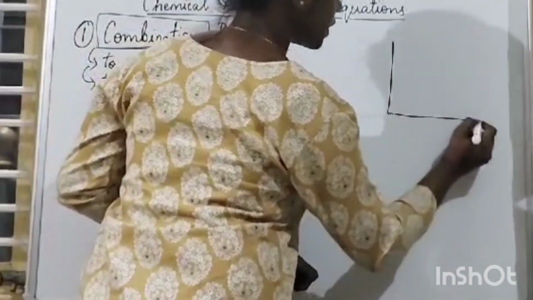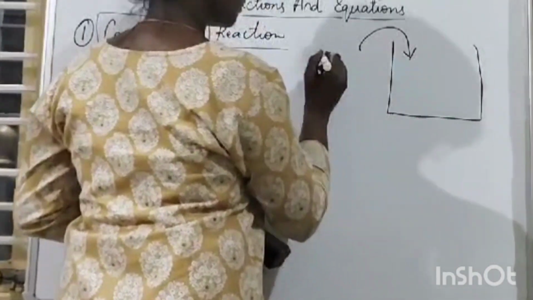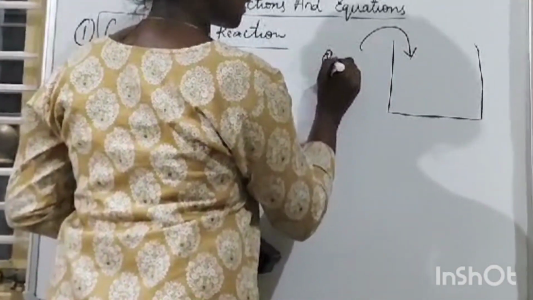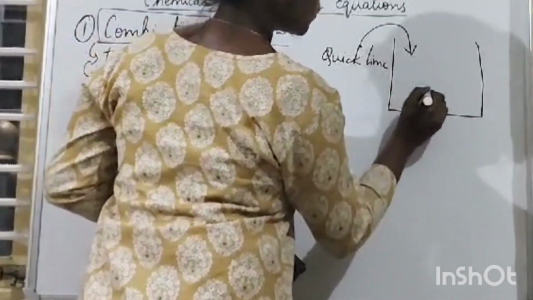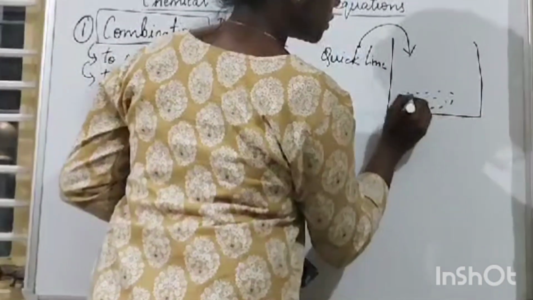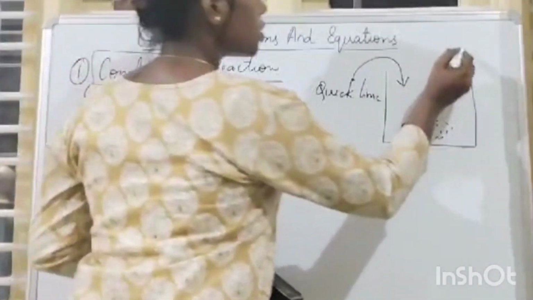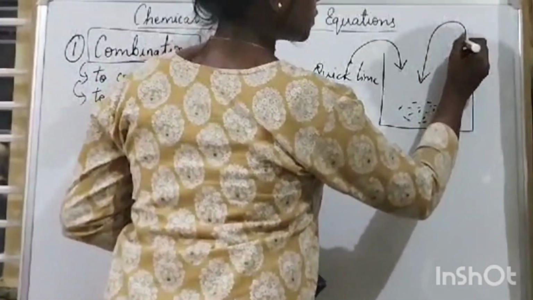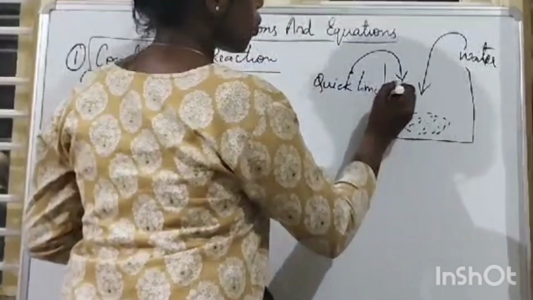Consider a beaker. You have taken a beaker and you are adding quicklime to it. This is your quicklime. You have added. Next, you are adding water to this.